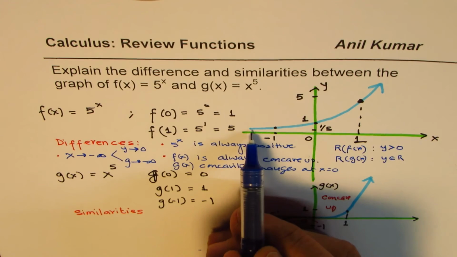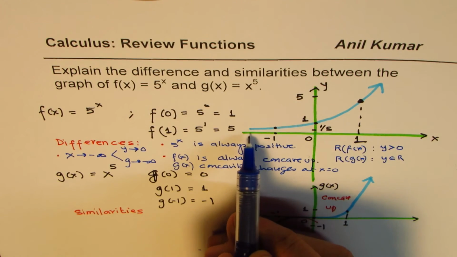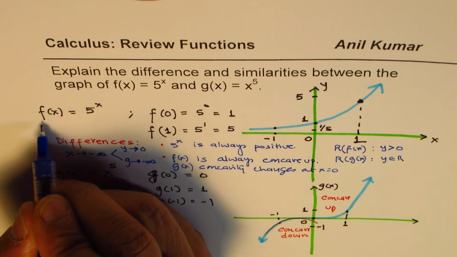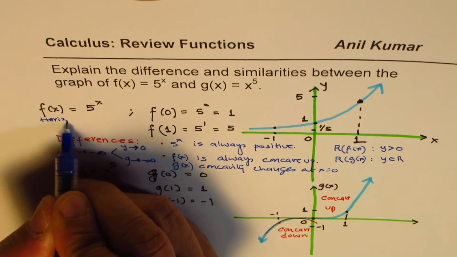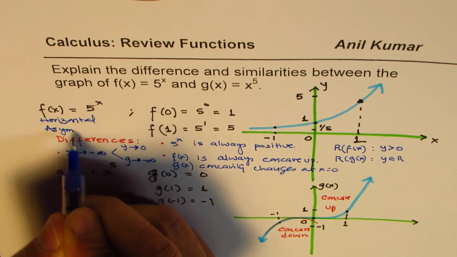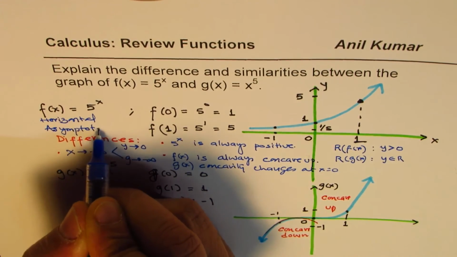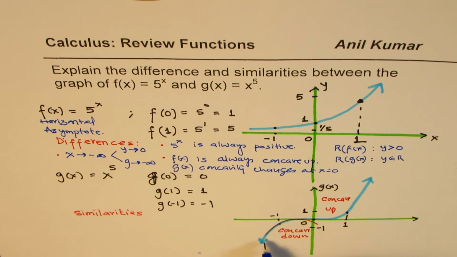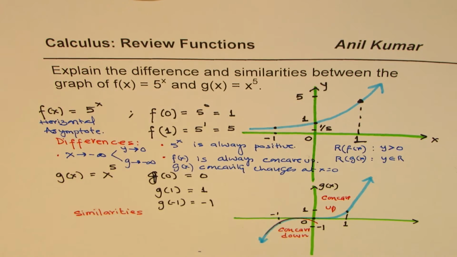When you're approaching a value, in that case, we'll call this a horizontal asymptote, right? So this function also has a horizontal asymptote. Perfect. So this function has a horizontal asymptote, whereas there are no asymptotes for the other function. Correct. So that gives you many differences.